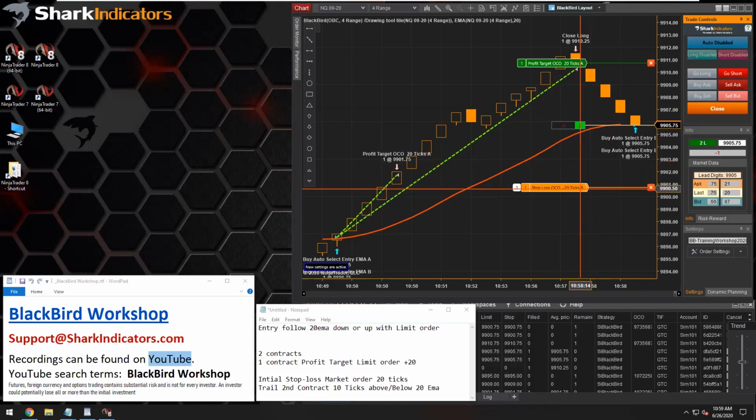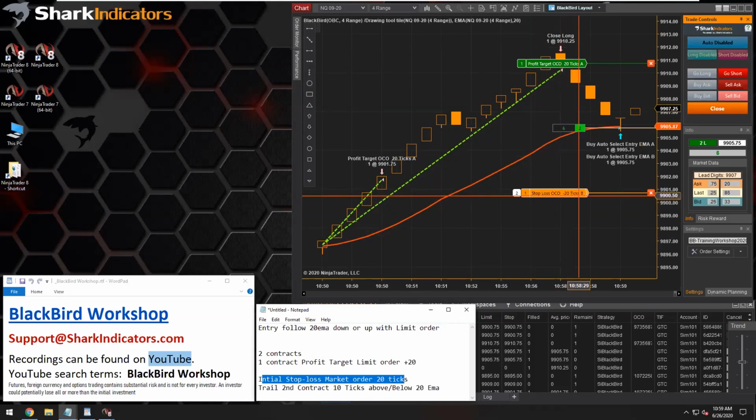You notice my stop loss is hanging out at a 20 tick offset, right? The initial stop loss of 20 ticks is going to stay there until the bar closes 5 ticks away from the EMA.